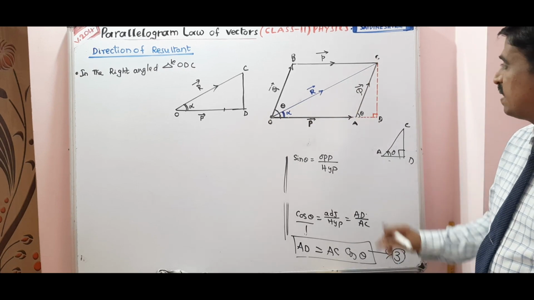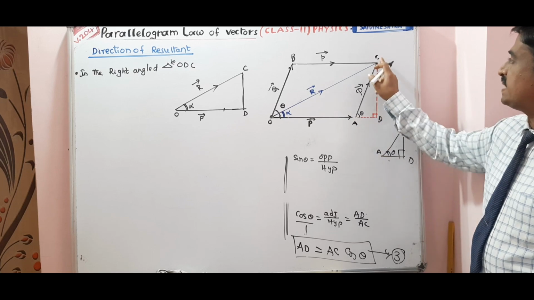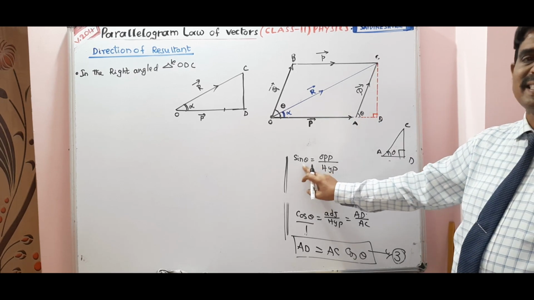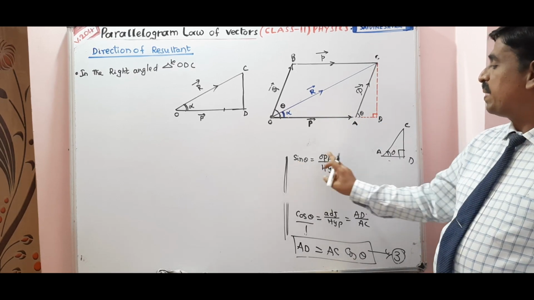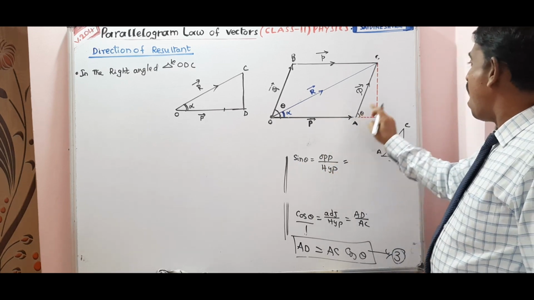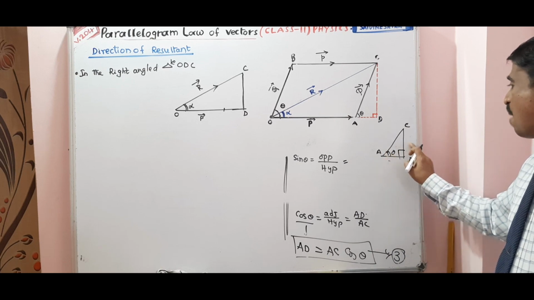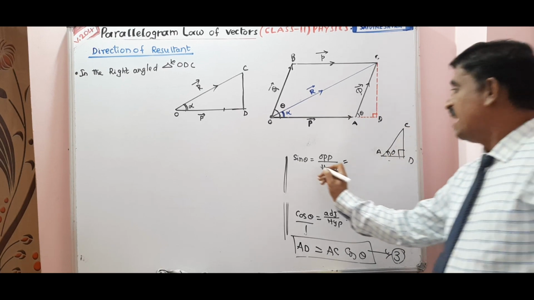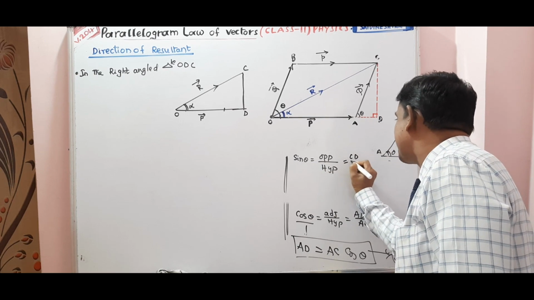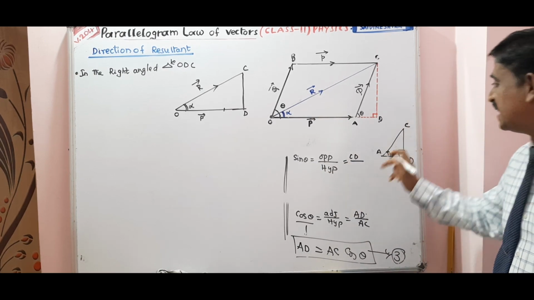Now please listen. In the small right angle triangle ADC, I am finding sin theta. Sin theta means opposite by hypotenuse. Theta's opposite side is CD. Hypotenuse is AC.